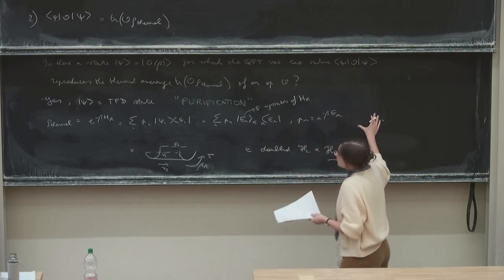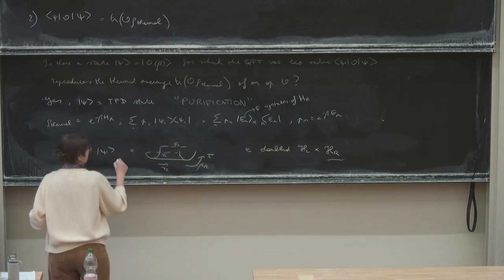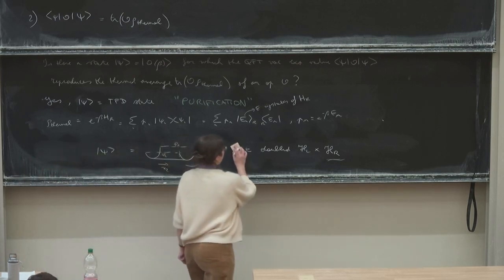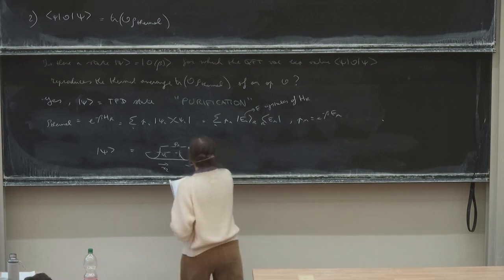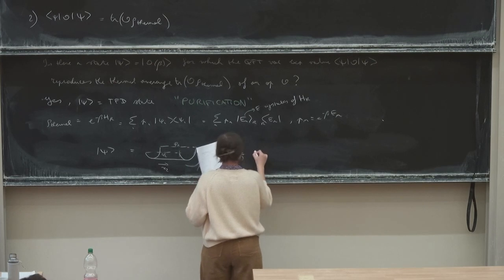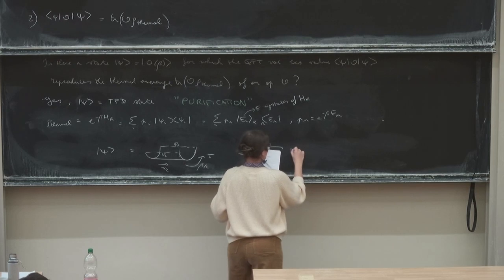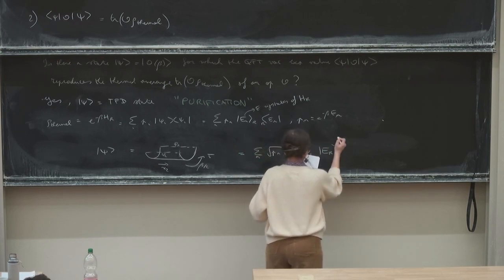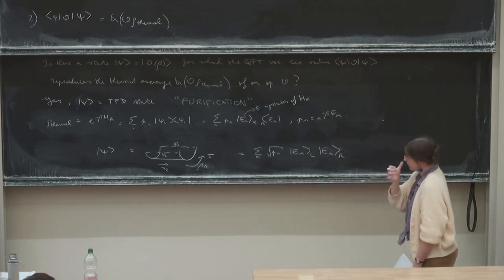This is the system you've been given. So let's write our thermal field double state in terms of those ingredients. We write it just as a sum over n of the square root of p_n, a left copy and a right copy, like this.